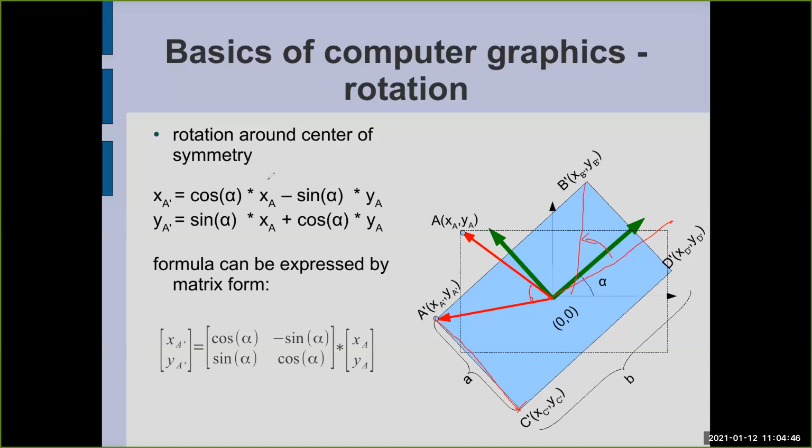So look, here you have the expression which lets us calculate a new position of the x prime and y prime coordinates when we rotate by angle alpha.